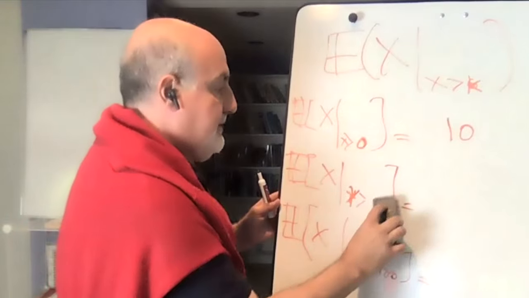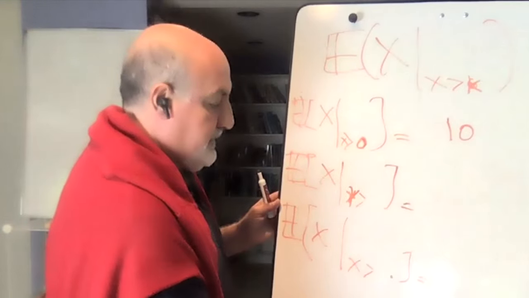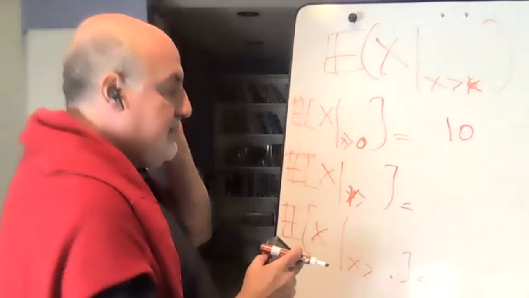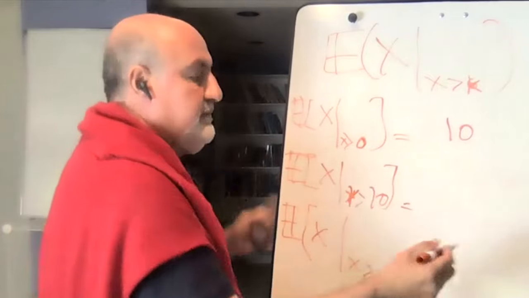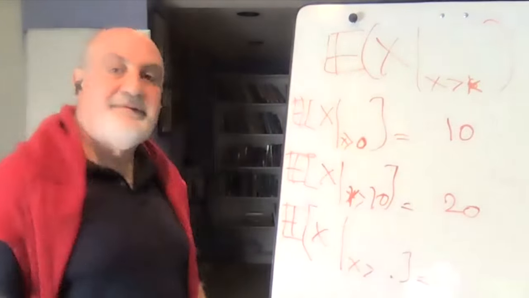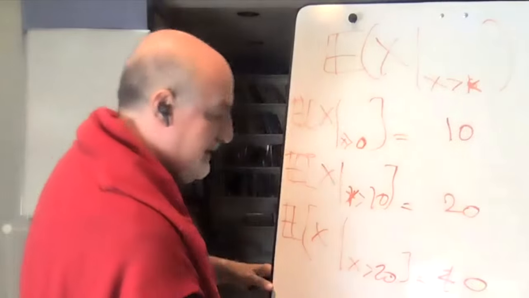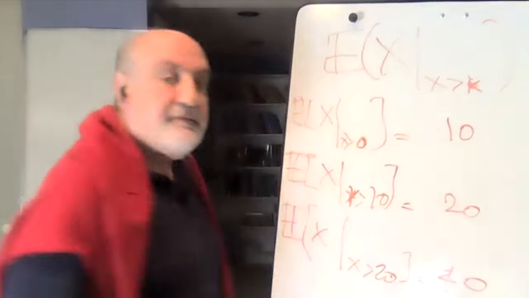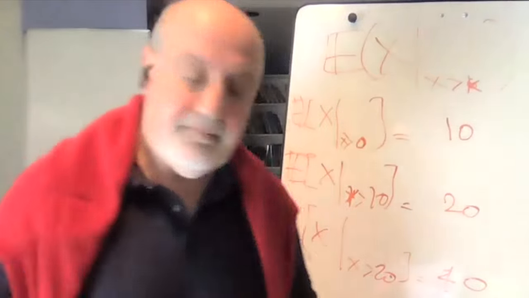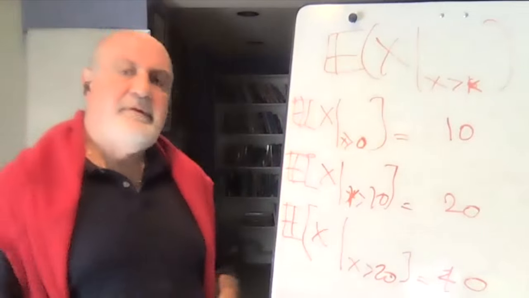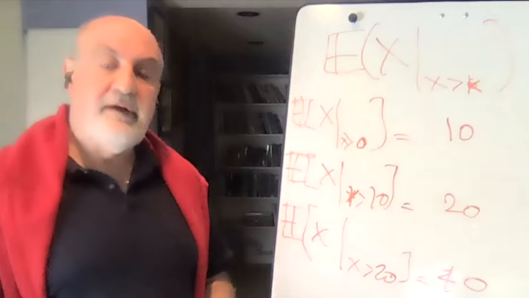Now we increase, X equal 10, maybe 20. It's a multiple of 10. Now higher than 20, 40. Higher than 40, 80. And effectively, you see that the ratio here is 2 times, you can see 1.5 times.